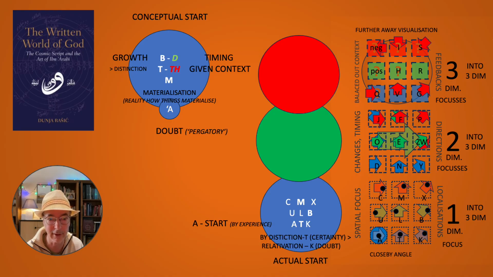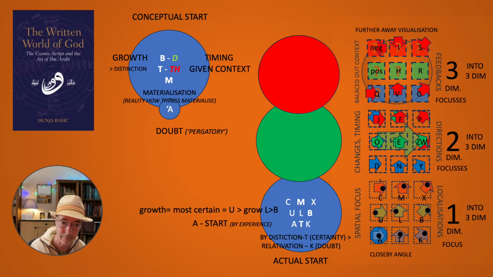It's not always correct, so you have to find context before B, the material is sure that it can grow, and it can be given a certain time in D. This is already given a little bit of context, but it's already the next stage, this doubtful Aleph, into the 4, into this balance, which really will show you what you need to do.